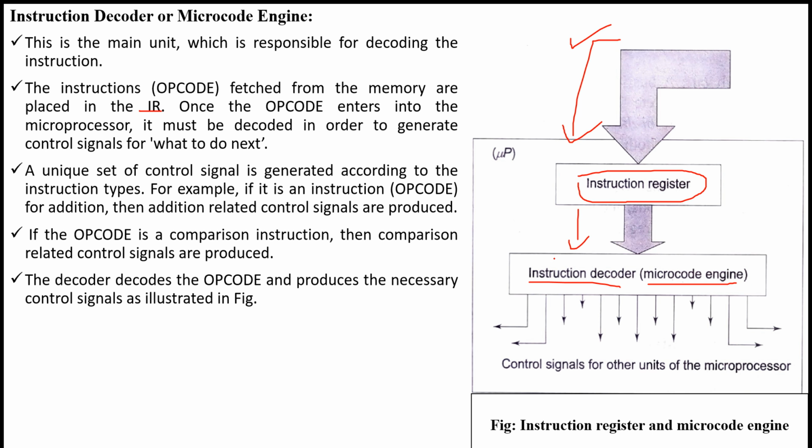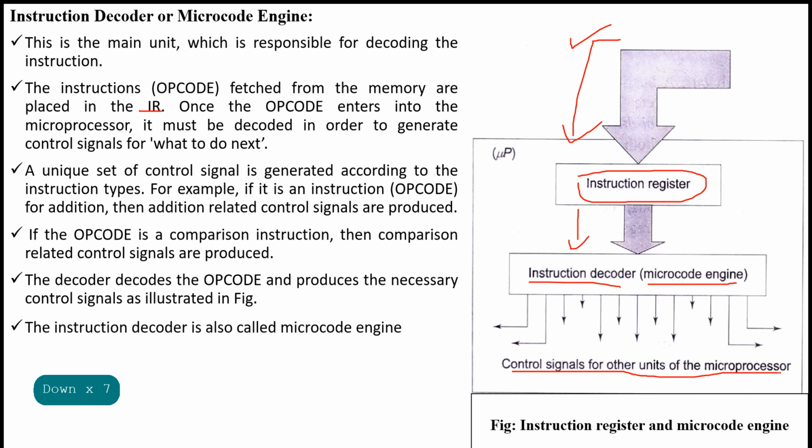This instruction decoder then generates the control signals for other units of the microprocessor. This instruction decoder is also called microcode engine.